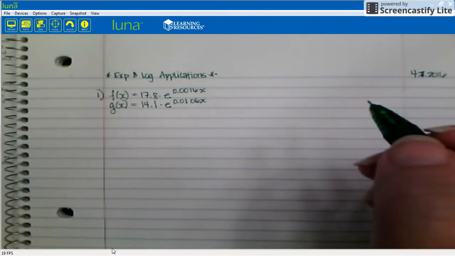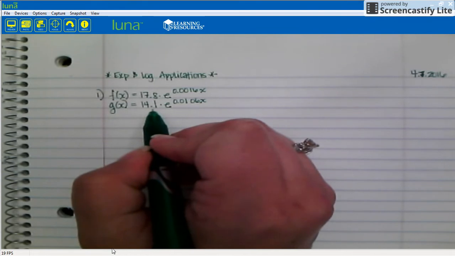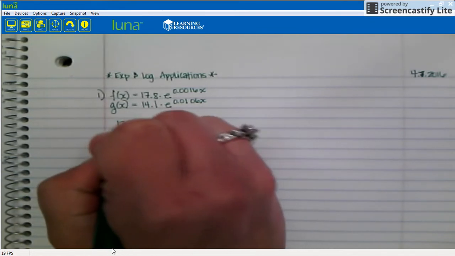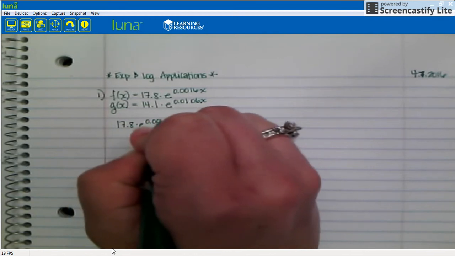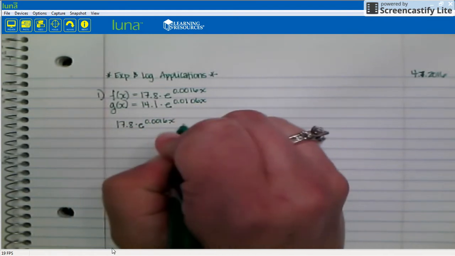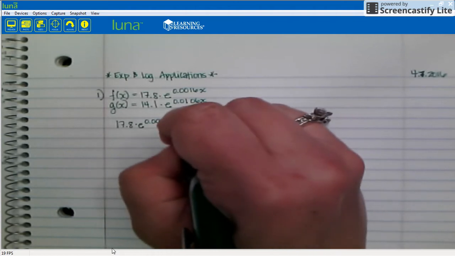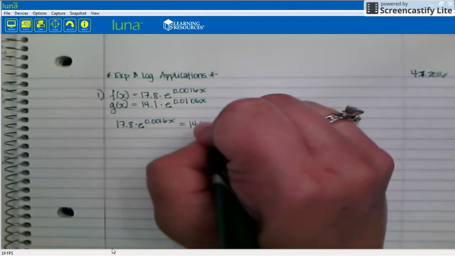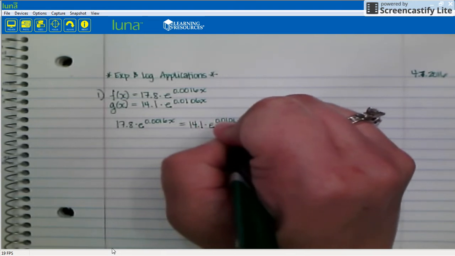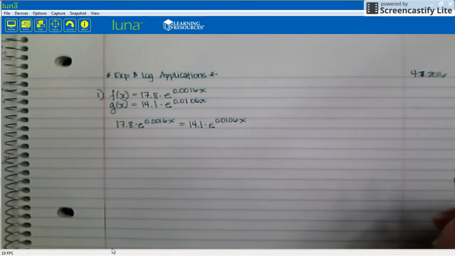So in order to do that, you're going to set these two functions equal to each other. So I have 17.8 times base e raised to the 0.0016x power is equal to 14.1 times base e raised to the 0.0106x power.